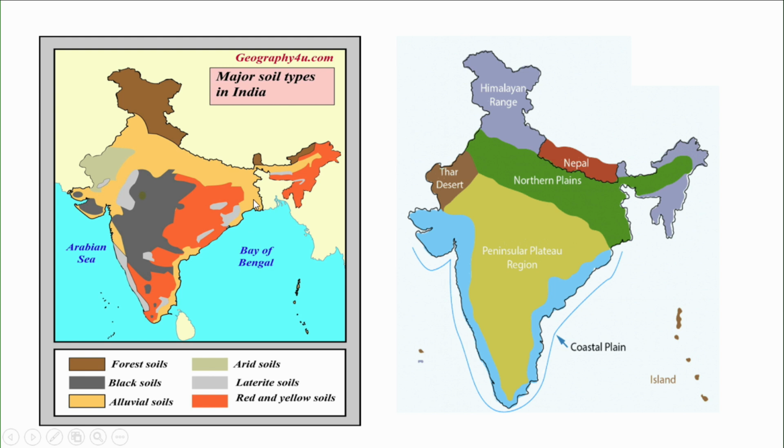When you compare with the alluvial soil present in the Indo-Gangetic plain and the coastal plain regions, it is considered a fertile soil. The reason is the deposition brought down by the great river systems like the Indus and the Ganges.